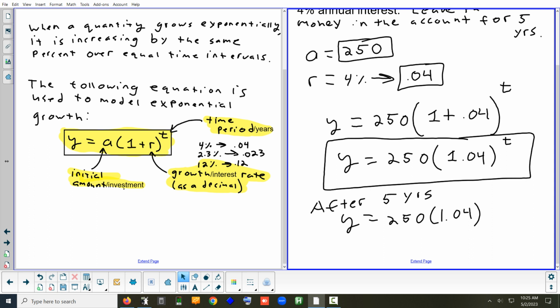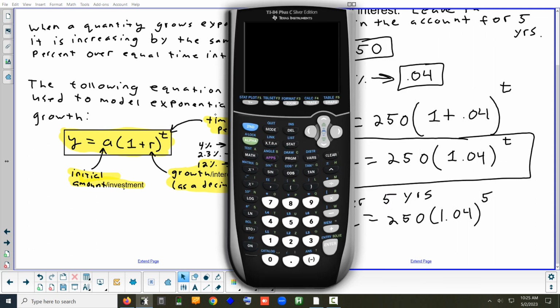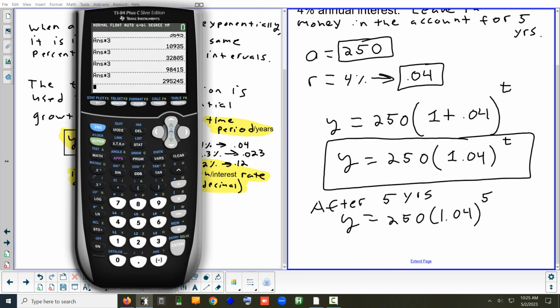Yeah? The fifth. You plug in a 5 for the T. And if you do that on your calculator, you definitely need a calculator, you could figure out how much money you would have. 250 times 1.04 raised to the fifth.